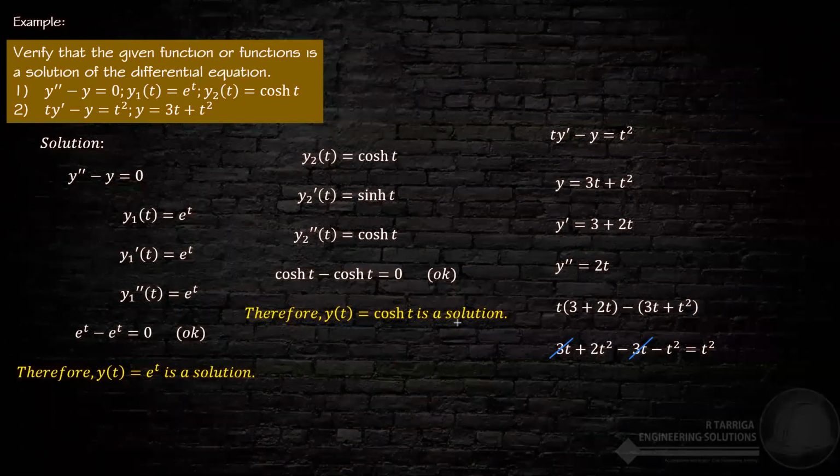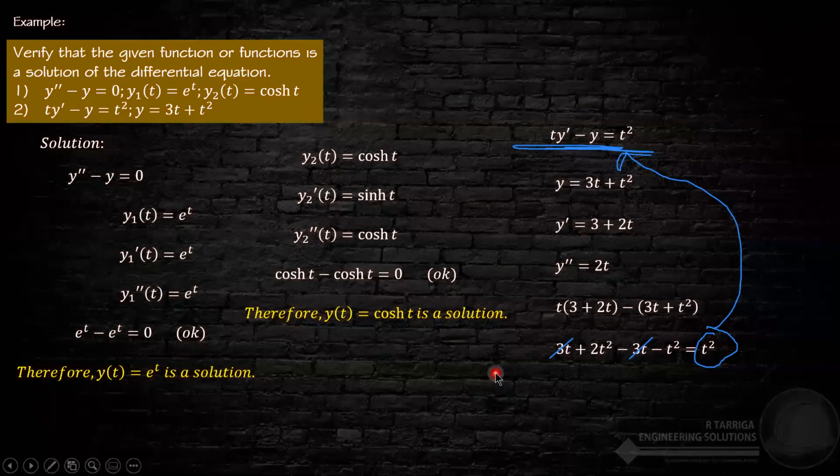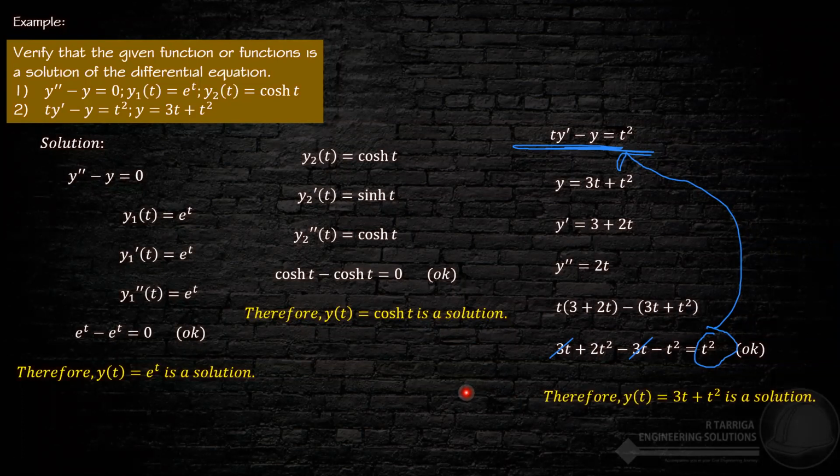Therefore, it satisfies the equation. So 3t plus t squared is a solution of t y prime minus y is equal to t squared.